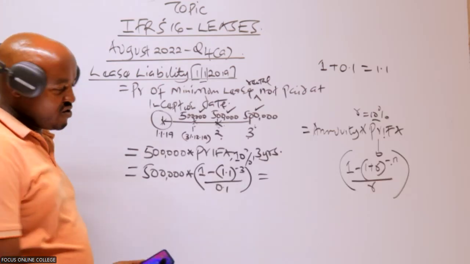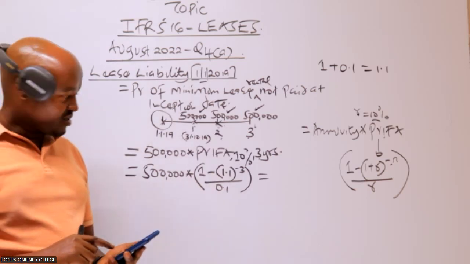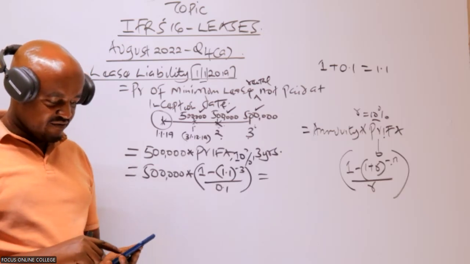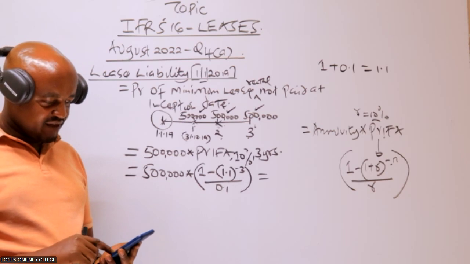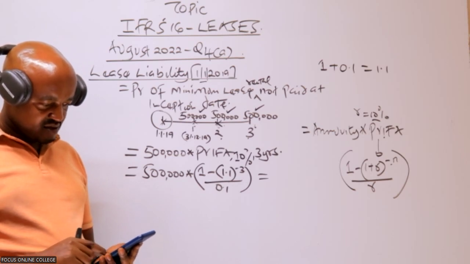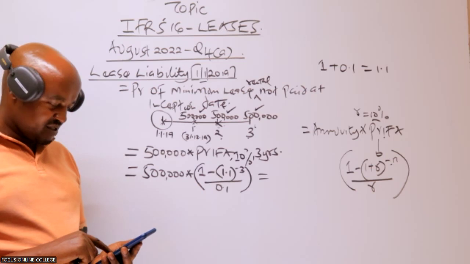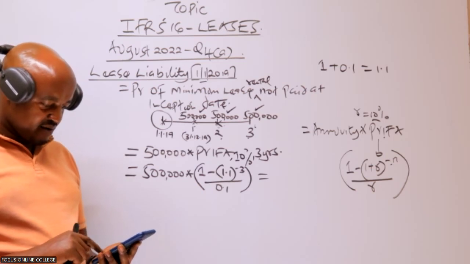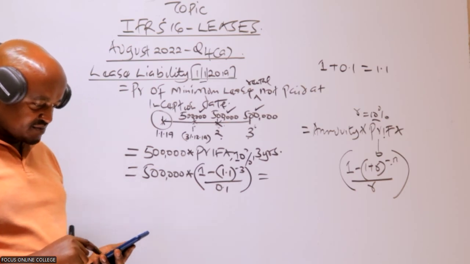So first of all, you should compute this one. What do we have here? We have 1.1, we raise that to negative 3, we deduct that from 1, divide that by 0.1, times 500,000.